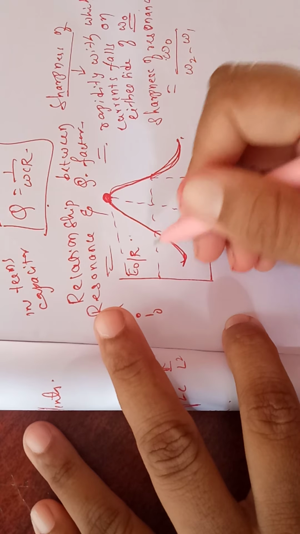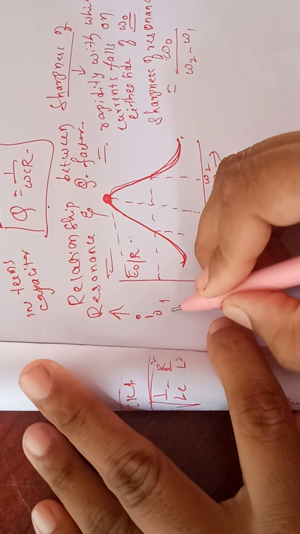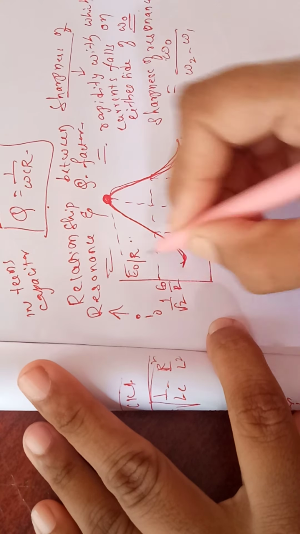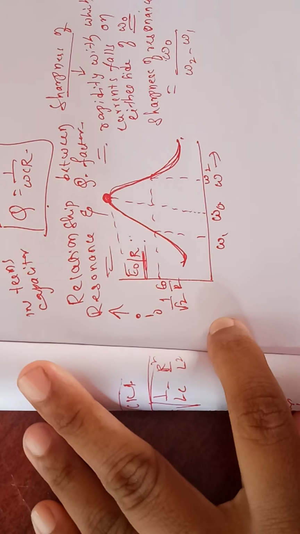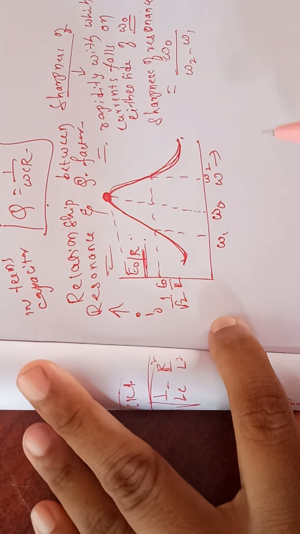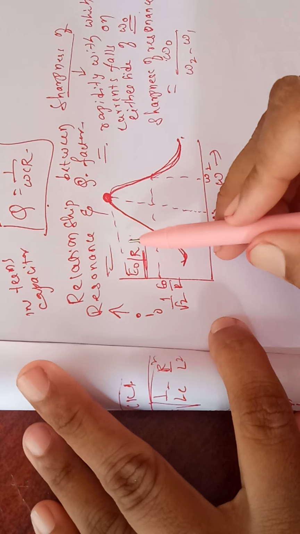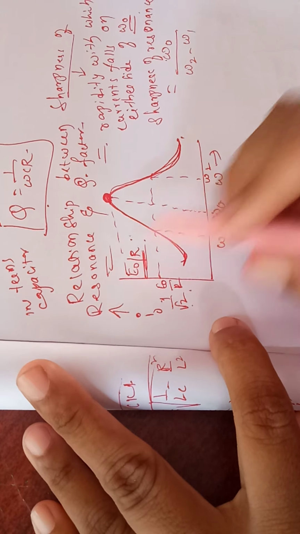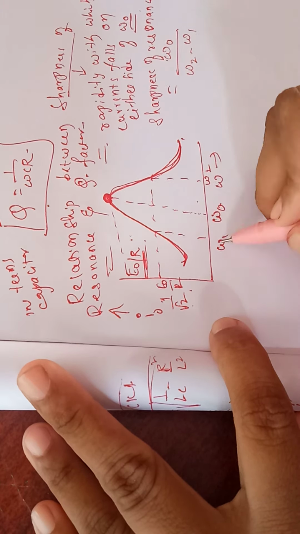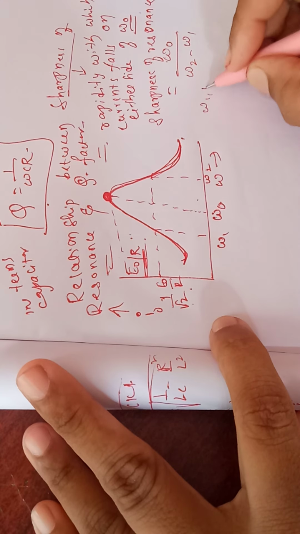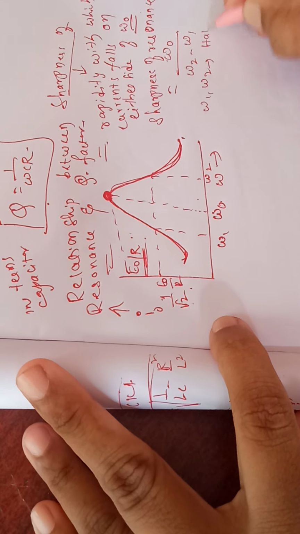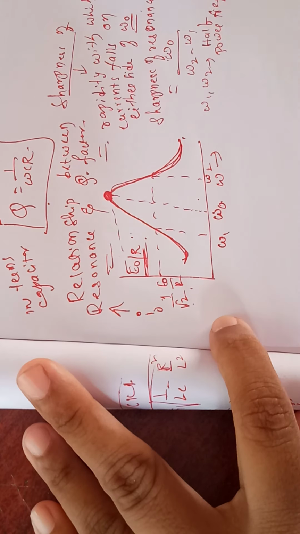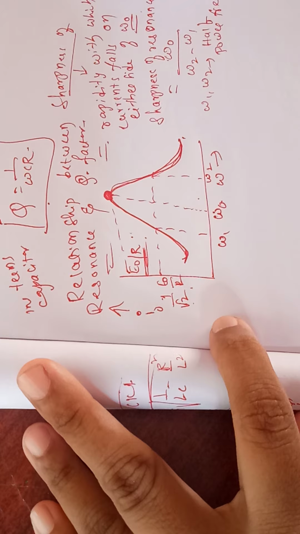At these half power frequencies, the current falls to 1 by root 2 times the maximum current E naught by R. Why do we say half power frequencies? Because the current falls to 1 by root 2 times the maximum current. So we call omega 1 and omega 2 half power frequencies.